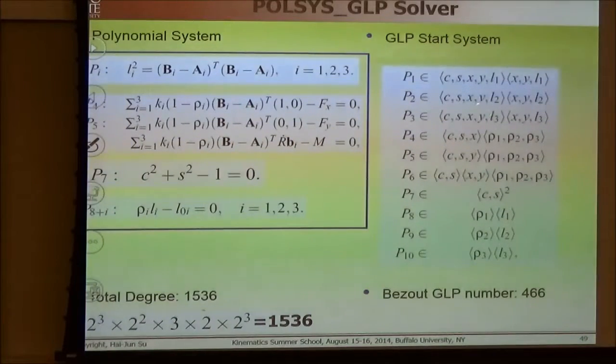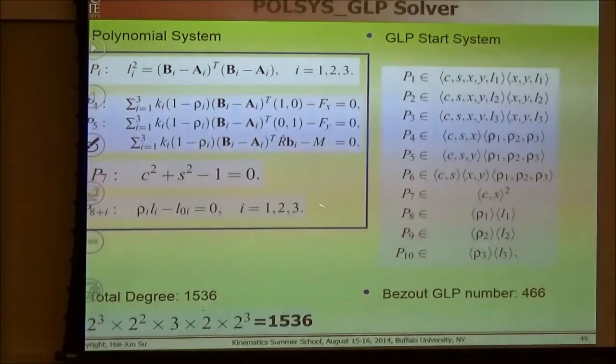And the GLP start system for this polynomial system, well, this is the best I can think of. It's based mostly on the fact that the equations are derived using vector algebra. So a lot of times you can find the linear product start system by observing the structure of the polynomial.